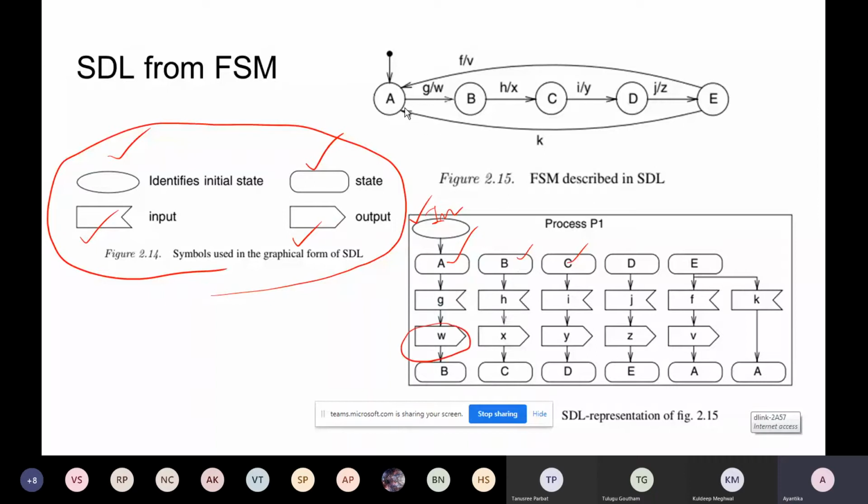Whenever, based on each transition, we have this guard and actions, we mention those in this way: A to B, B to C, C to D, and so on.